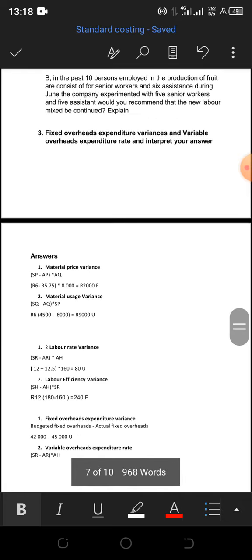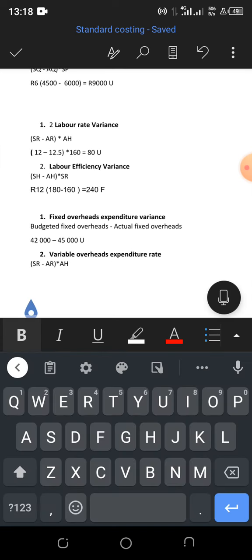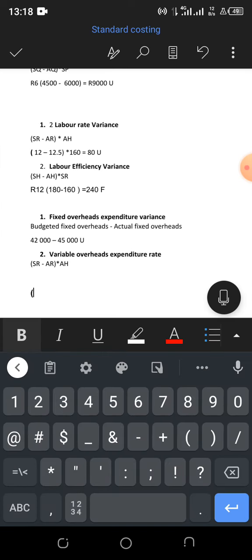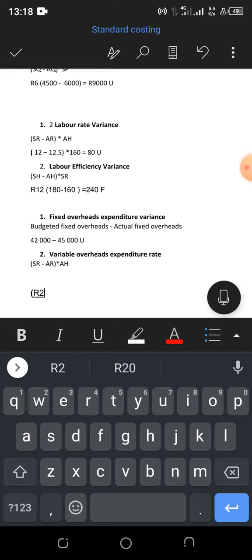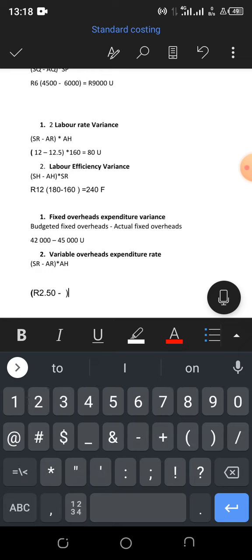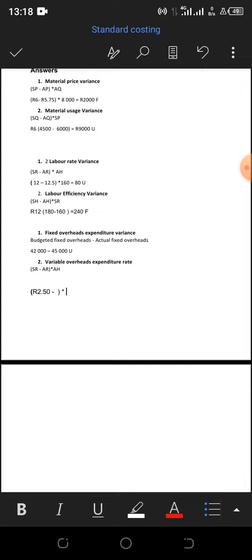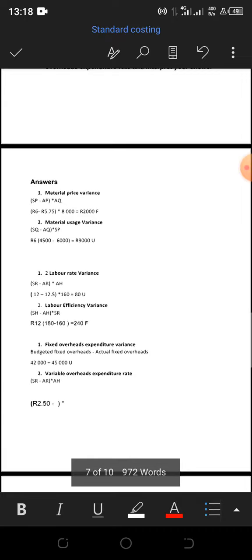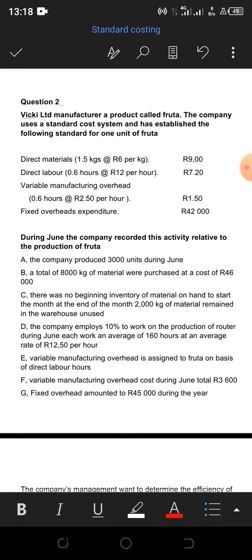So the standard rate is 250. Then the actual rate we have to find, and then we multiply by actual hours. Actual rate and actual hours are the only two items that we have to determine now.